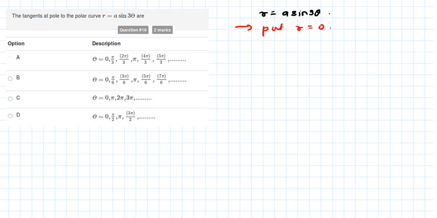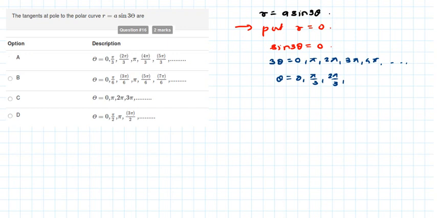When r is 0, sine 3 theta will be 0, and sine 3 theta will be 0 when the angle 3 theta is 0, pi, 2 pi, 3 pi, 4 pi and so on. So the values for theta are 0, pi by 3, 2 pi by 3, pi, 4 pi by 3 and so on. And if you observe, option A is the right answer.